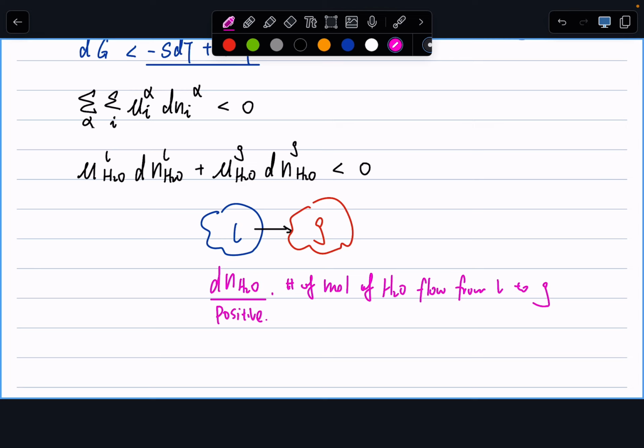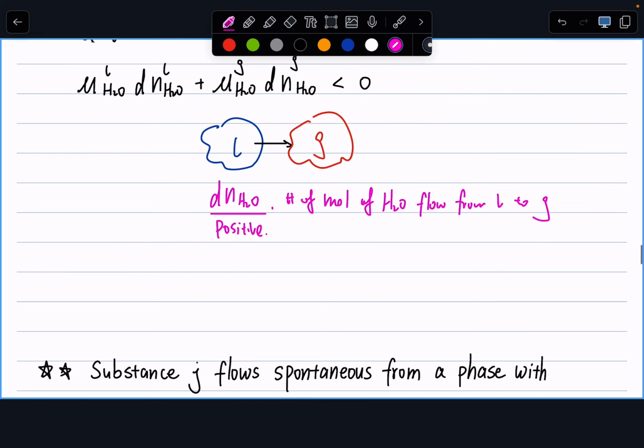Using the same logic, we get that dnH2O equals negative dnH2O liquid equals dnH2O gas. That's the same logic we used before.